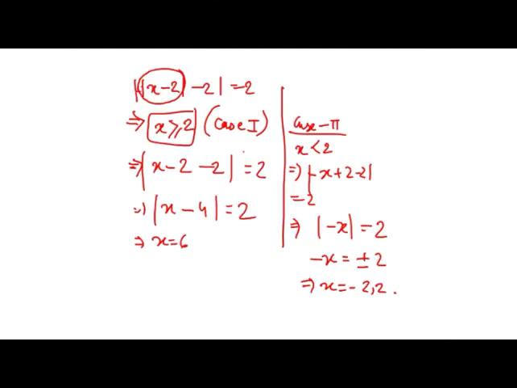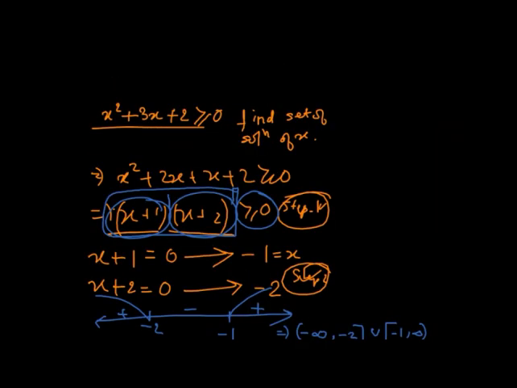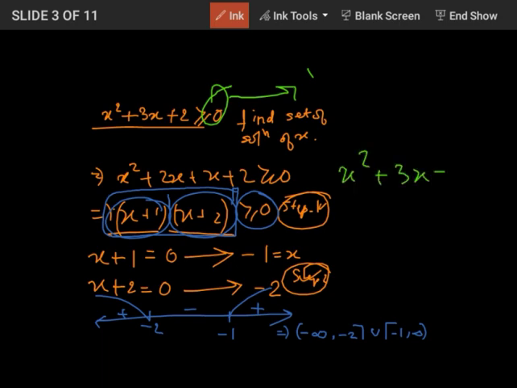Now, a few things that I missed out in the previous concepts: in the Wavy curve method, the RHS of the inequality has to be 0. You cannot solve an inequality like x square plus 3x plus 2 is greater than or equal to 1 directly.